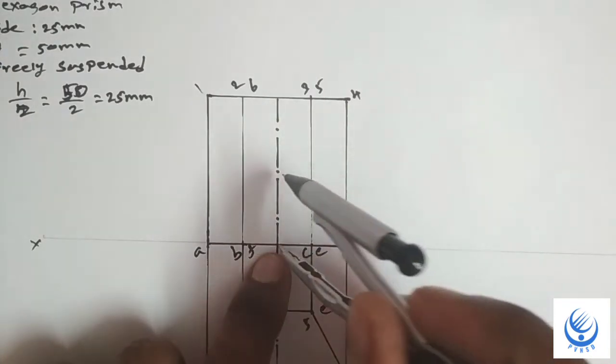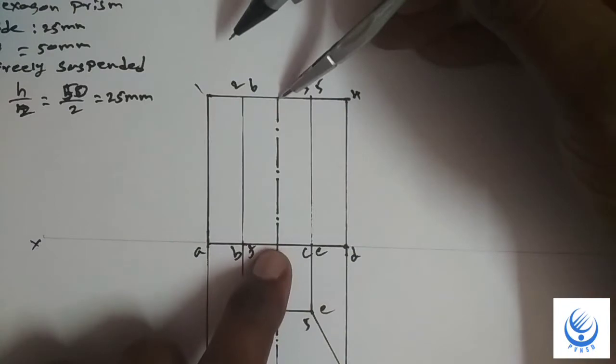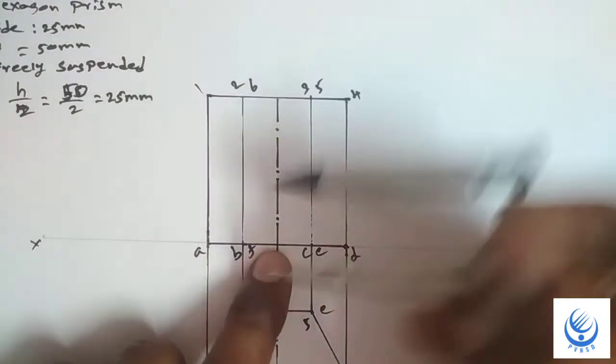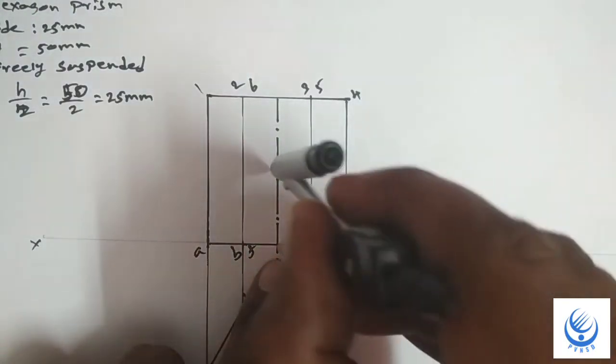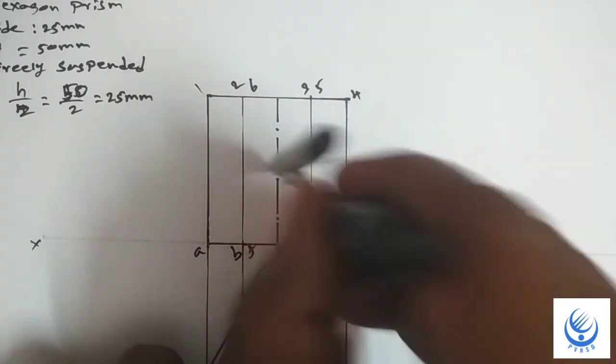From the reference line or top of the hexagon on that center line, mark the 25 mm distance.